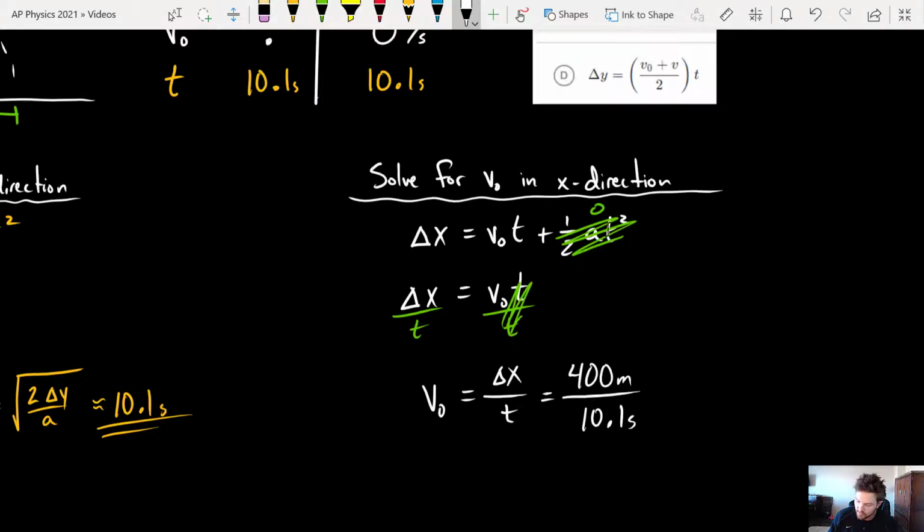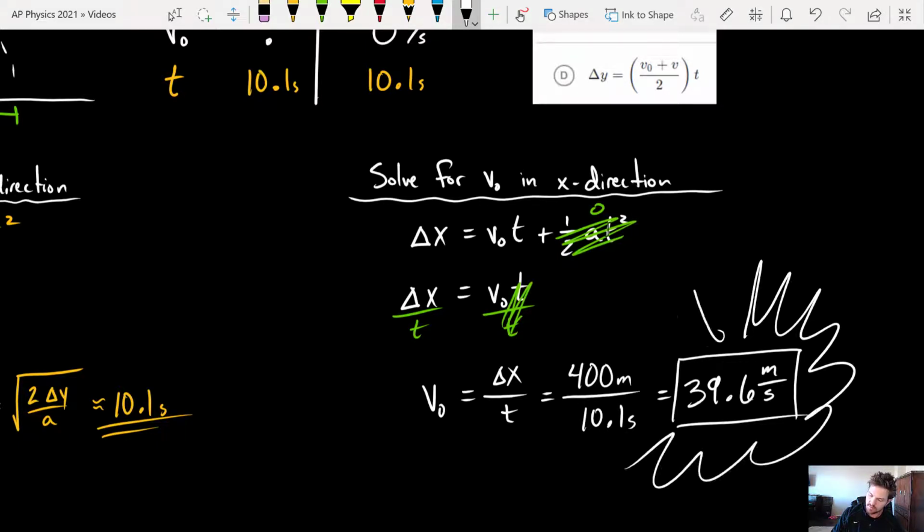So if it went 400 meters in 10 seconds at a constant velocity the whole time, then I know this was about 39.6 meters per second. So it goes right under 40 meters every single second this thing is falling through the air. So that right there is our answer.